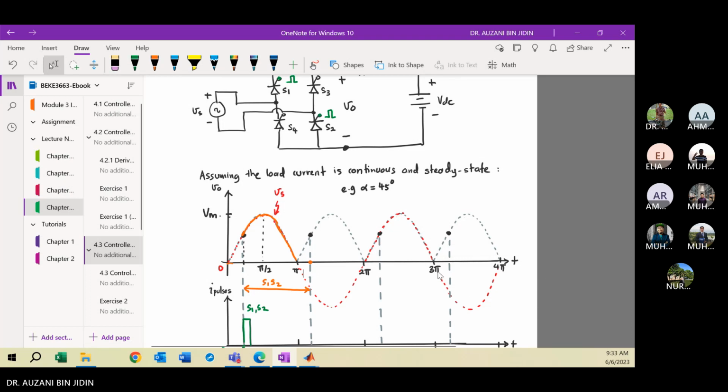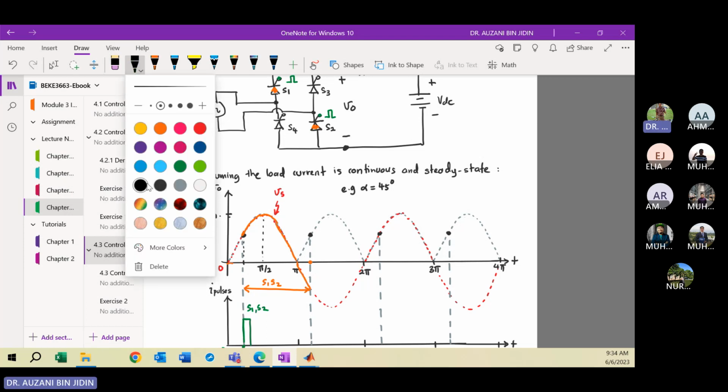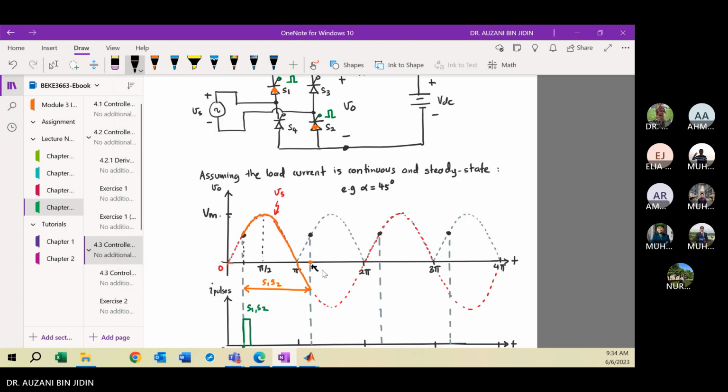Okay, when these two SCRs, S1 and S2, are turned on and you apply the current pulse, the green color here, these two switches will conduct from alpha to pi plus alpha. So this point is pi plus alpha.